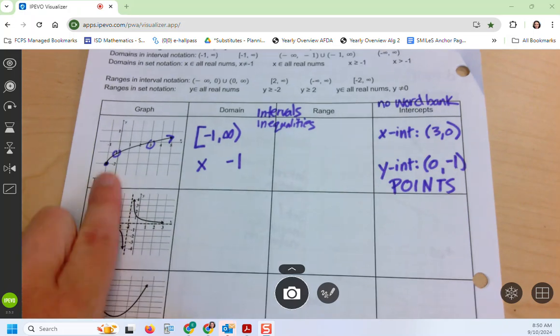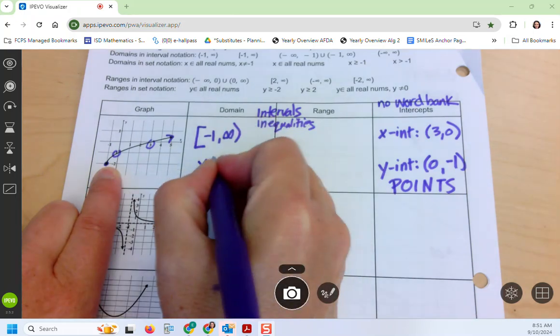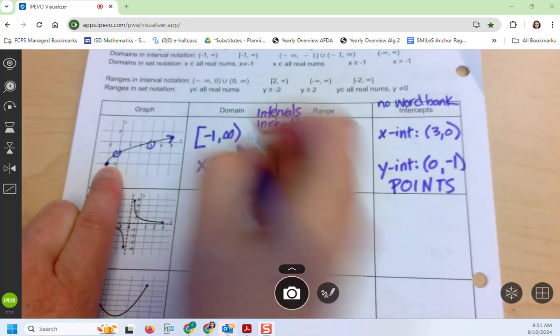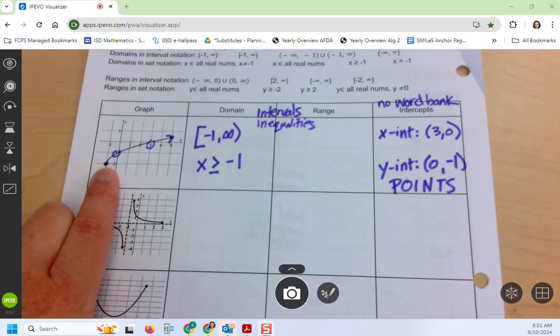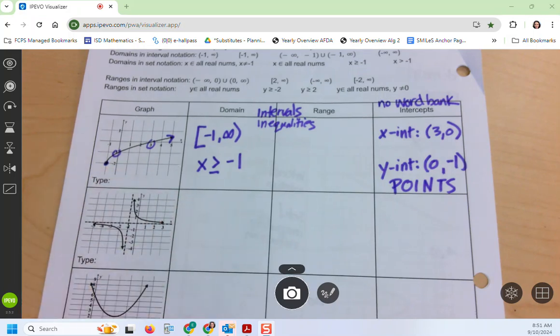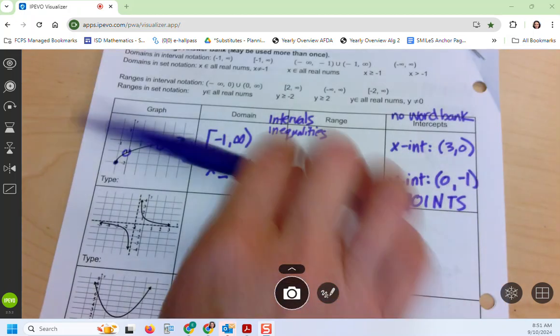It's filled in, right? Since it's filled in, x can equal -1. So it's going to be greater than or equal to -1. If it was an empty dot, then that would be a no, so that would not have an equal if it were an empty dot.